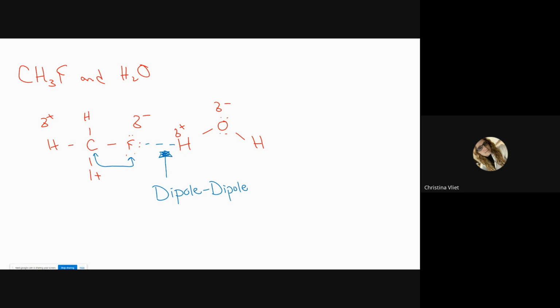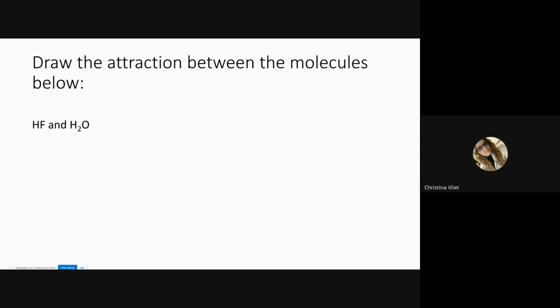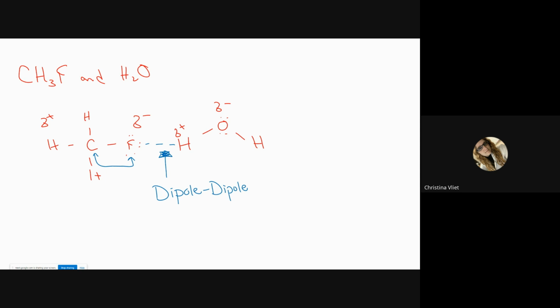So if this was HF and H2O, that is a hydrogen bond. But because this is carbon connected to fluorine, it is actually a dipole-dipole. So you're going to want to write that down or have that in your notes because that's a trap. For hydrogen bonding, your molecules participating in the hydrogen bonding have to have hydrogen directly connected to the fluorine, the oxygen, or the nitrogen.